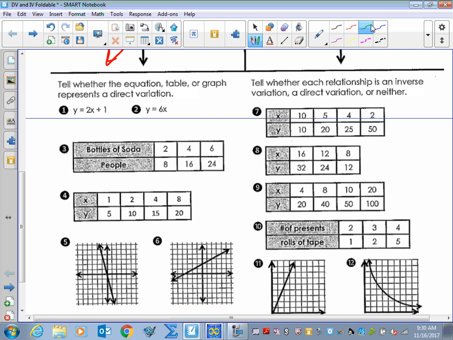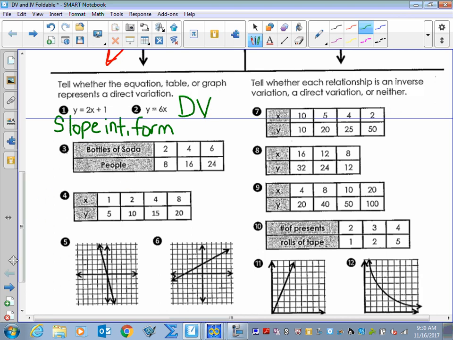Slope-intercept form. Okay, let's look at number 2. Number 2 is in the form of y equals kx, so I'm just going to put DV for direct variation.